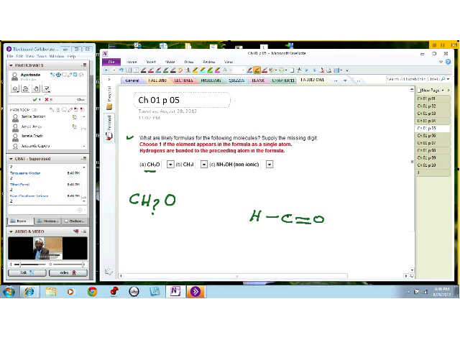So how many more bonds do we need on carbon? We need 1 more bond. That 1 more bond has to be hydrogen, because what they told us here is that some hydrogen atom is missing. So therefore, this has to be CH2O, and that is what the question mark here is: 2.